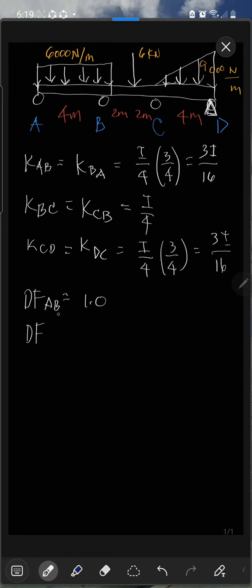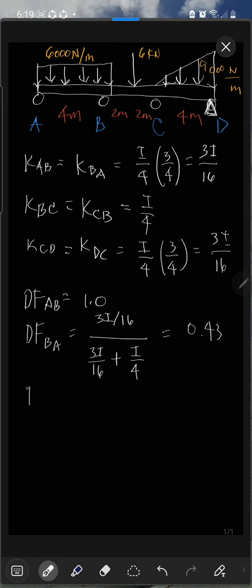DF BA, since BA, BC is included because it is the summation of K, K over summation of K. So KBA, that is 3I over 16 divided by the summation of K, 3I over 16 plus BC, I over 4. So the value is 0.43.